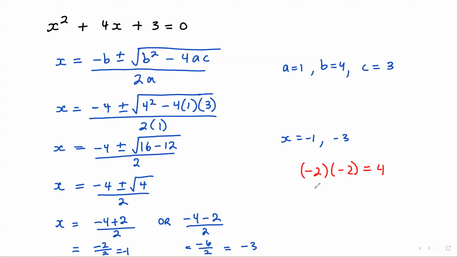And similarly, positive 2 times positive 2 is also equal to positive 4. Therefore, the square root of 4 and any number would be positive or negative. So the square root of 4 is either positive 2 or negative 2. So that's why in the formula you have this plus or minus. All right, that's where it comes from.